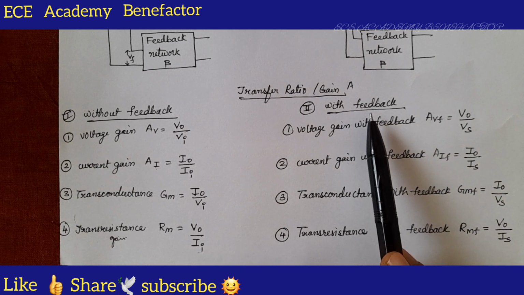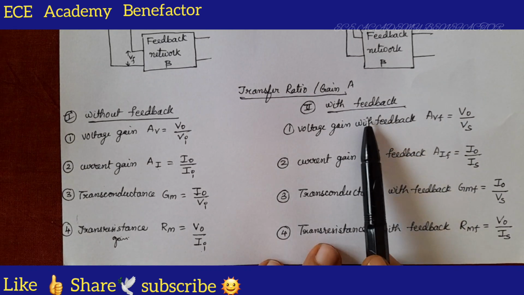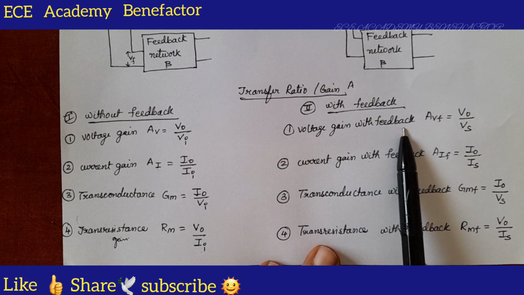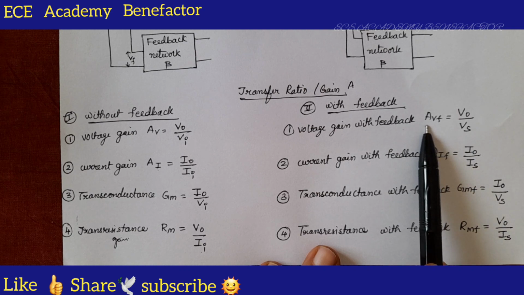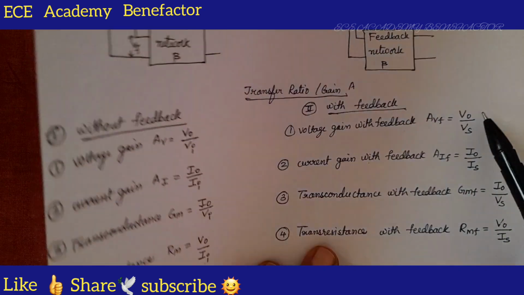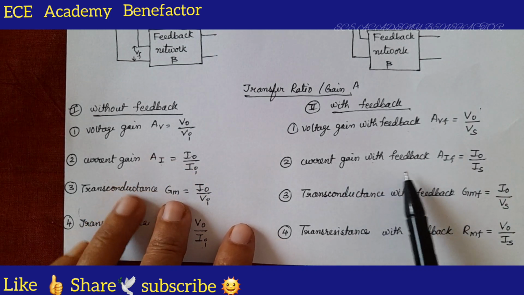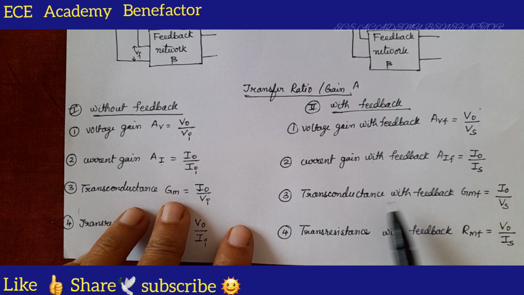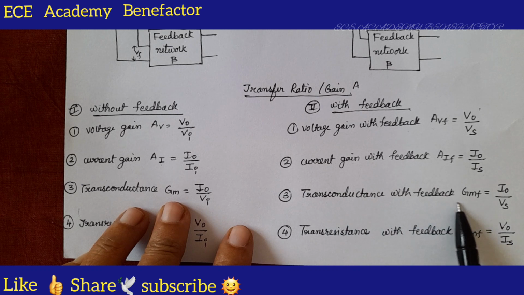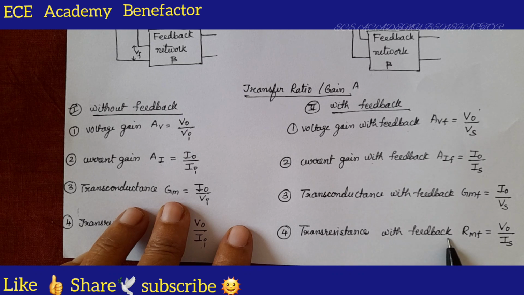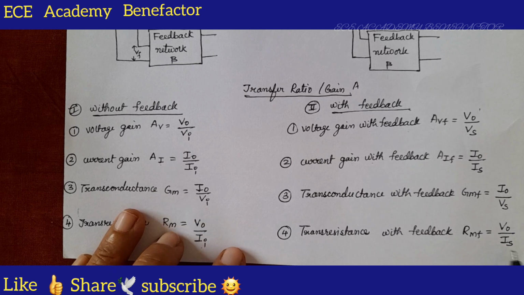With feedback, the voltage gain symbol is now AVF. AVF is equal to V0 by Vs. Current gain with feedback, I0 by Is. Transconductance with feedback, GMF is equal to I0 by Vs. Trans resistance with feedback, RMF is equal to V0 by Is.